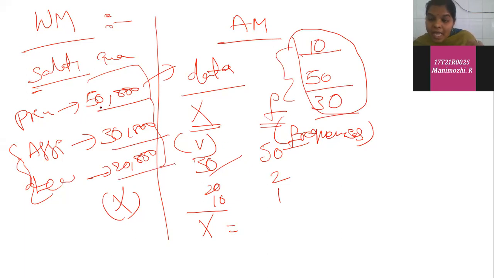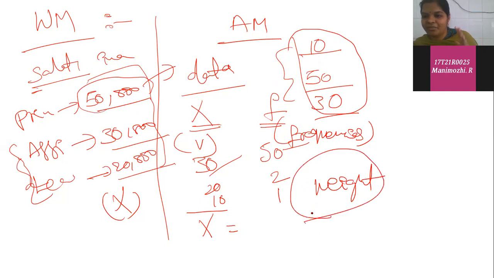See, the highest amount is 50,000, but the frequency is 10. As compared with these two, this frequency value is less, right? So irrespective of these variables and frequencies, there is a need to calculate some weight.